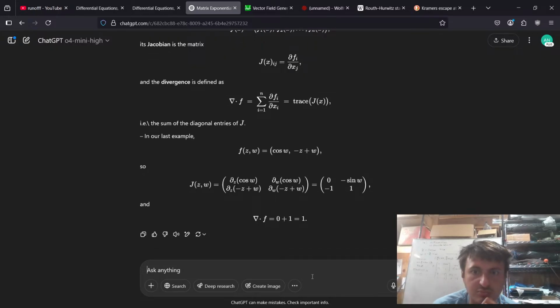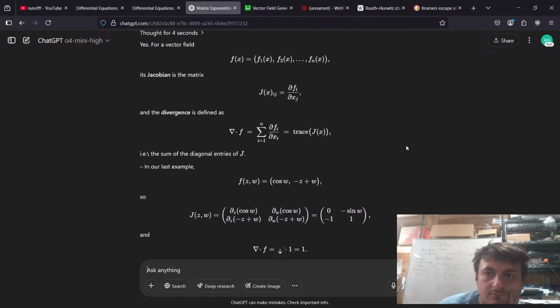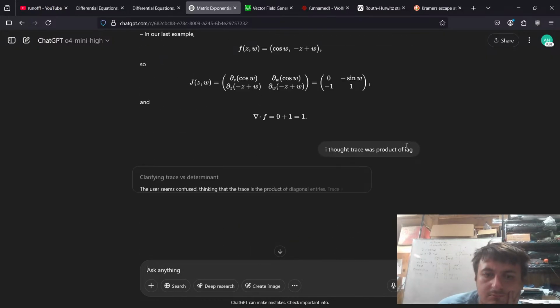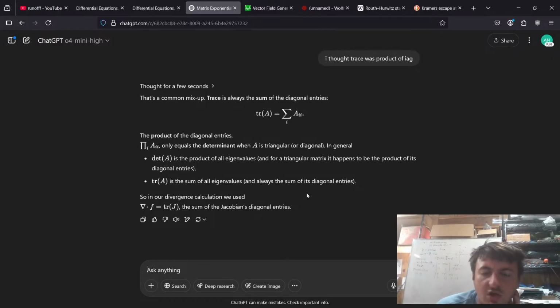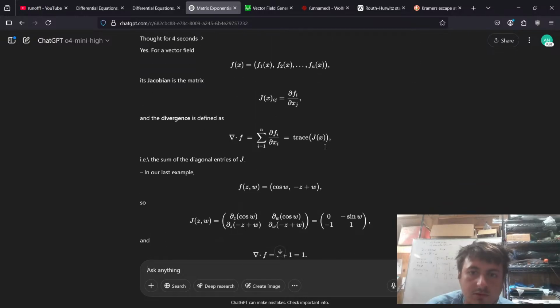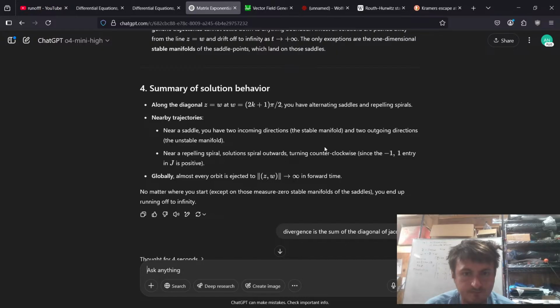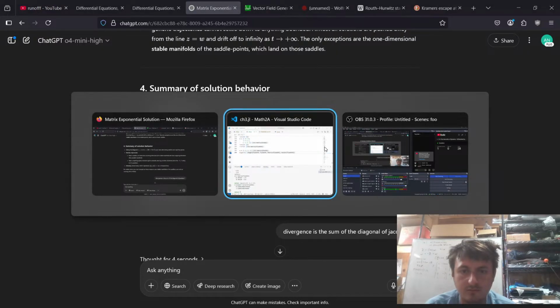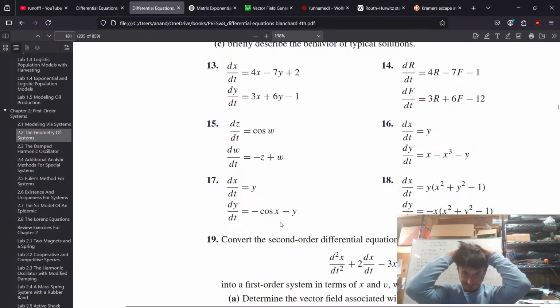Wait, I thought the trace was the product. Oh, the trace is the sum of the diagonal. No. Okay, so I don't know how they expect us to answer that question quickly because that one's crazy, right?